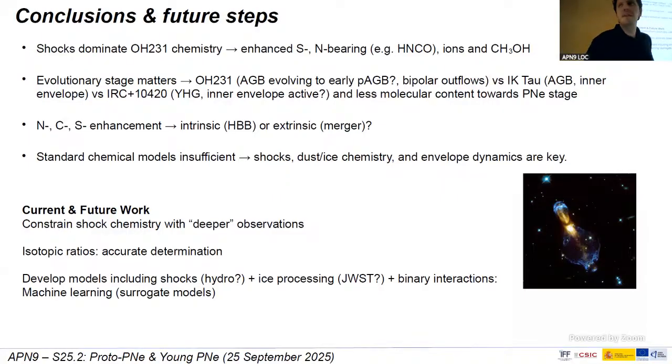Can I add something to this? The most recent work we did on this subject, trying to understand what the central source is, actually revealed that it has an A-type companion. I mean, the AGB star can be transferring mass through Wind Roche lobe overflow.